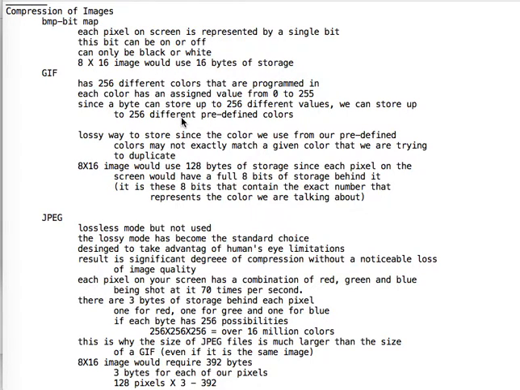So let's suppose on your monitor we had a very tiny image, and it only used 8 pixels on your screen going across and 16 pixels down. Now that would be a very tiny piece of real estate on your monitor, but let's suppose that's what we had.